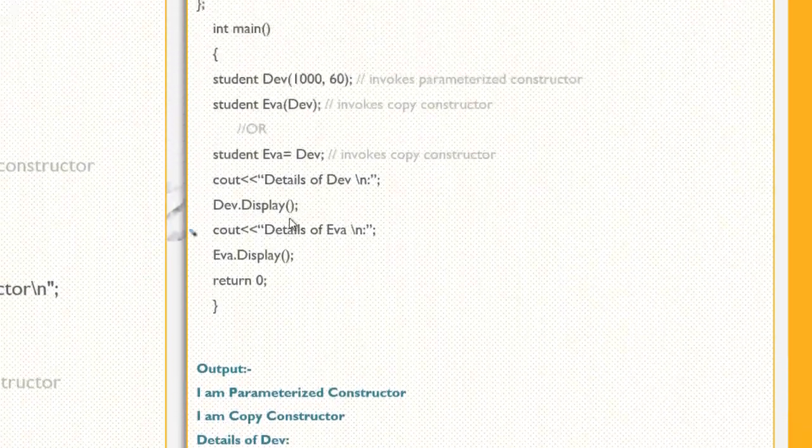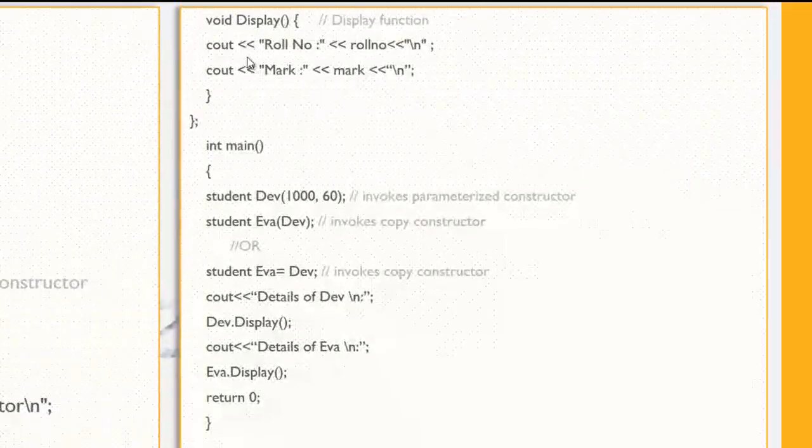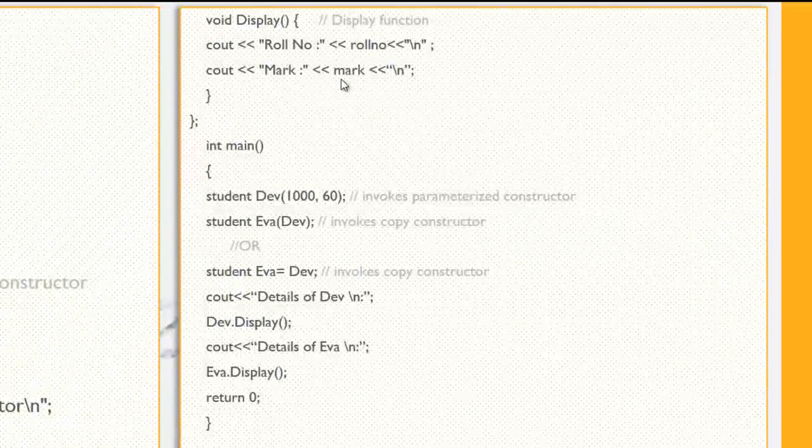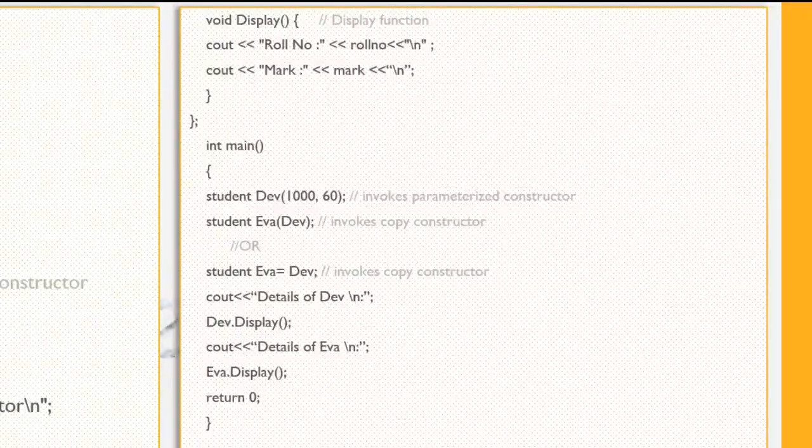And the next statement is Dave.display. The display function displays the roll number and mark of the invoking object. Here Dave is the invoking object. So the roll number and mark of the Dave object is displayed. The roll number is 1000 and mark is 60. The next statement in the main is cout details of Ava.